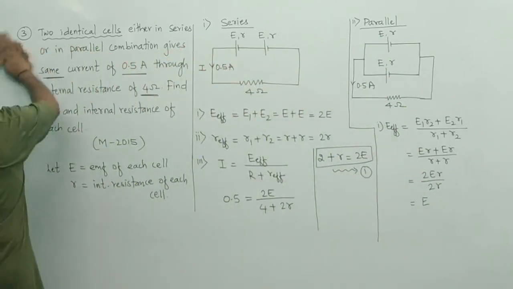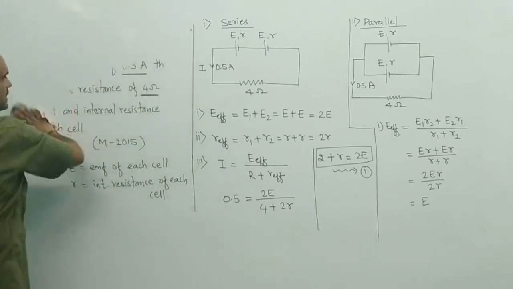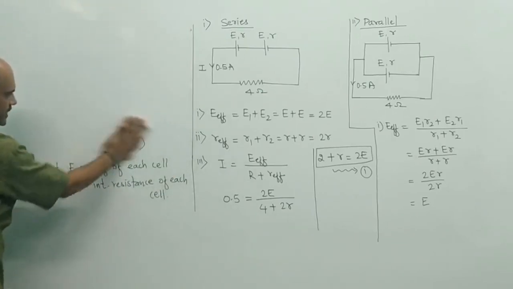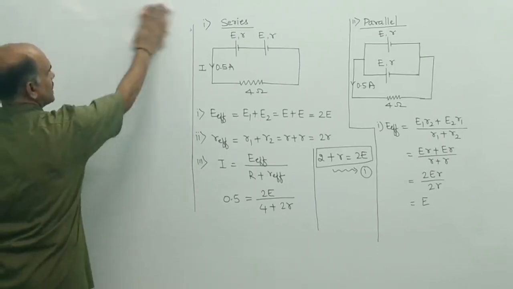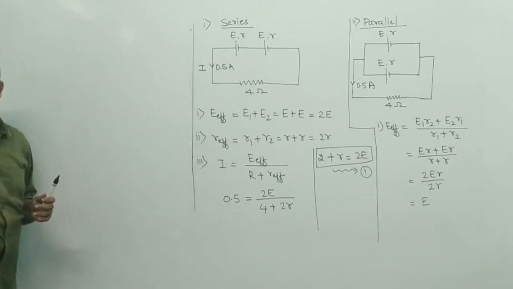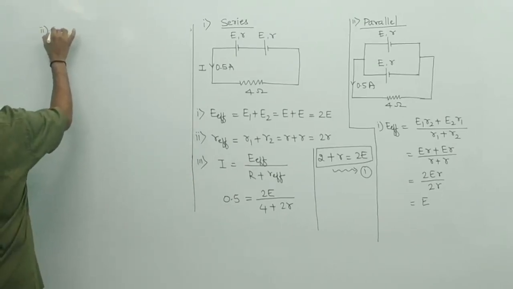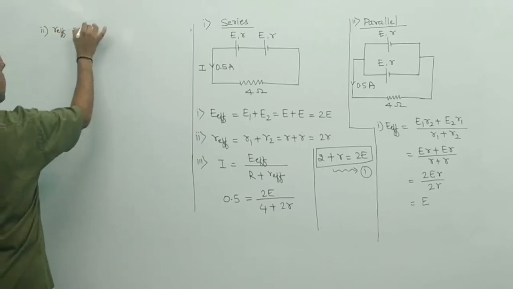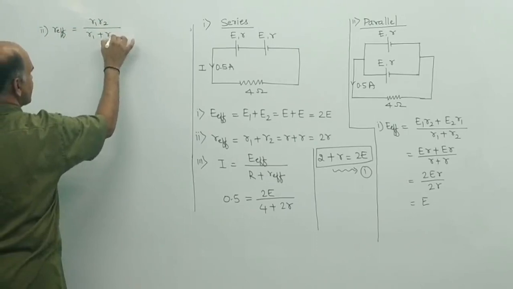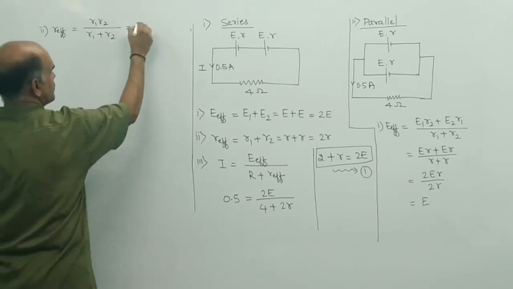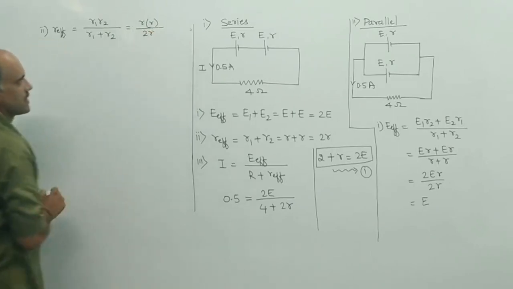Now I will calculate the effective internal resistance. For parallel, the formula is r1 r2 divided by r1 plus r2. Substitute, you will have r into r divided by 2r.